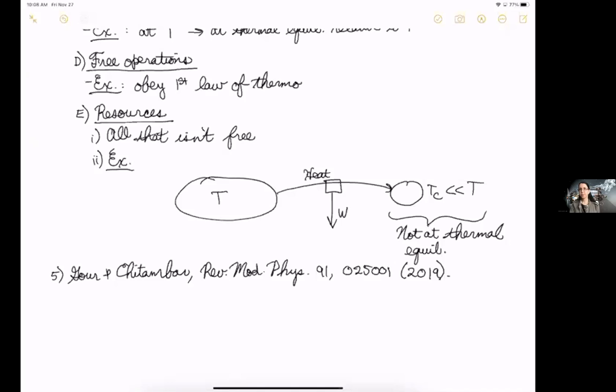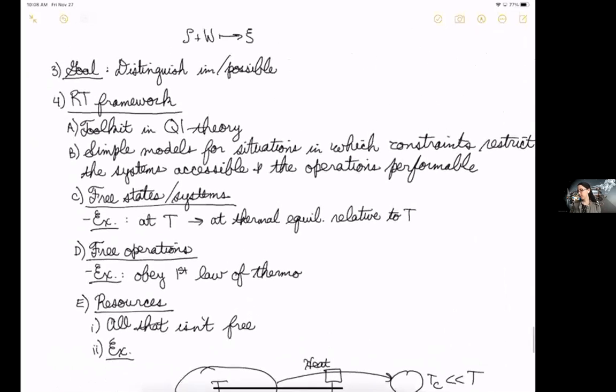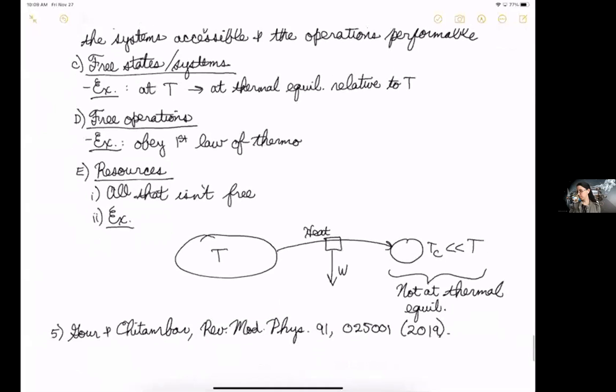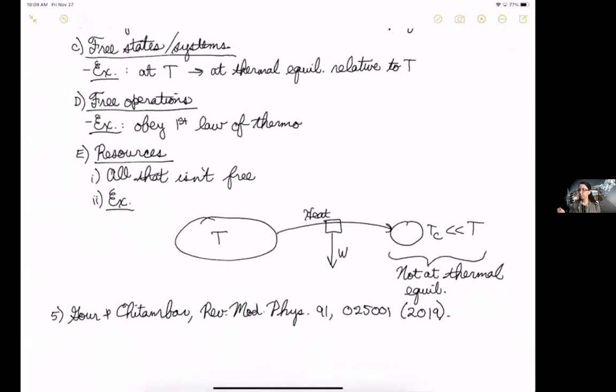There are a few ways of answering that question. In our case, the free operations also involve being able to take free states from the environment. So you can draw a system that's at thermal equilibrium relative to the environment from the bath and perform an operation that conserves energy.